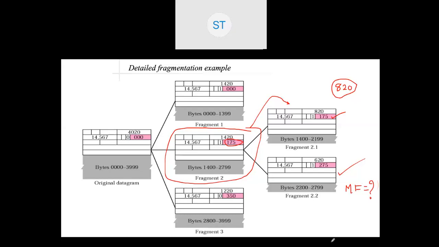Anybody? Ishika? Or maybe one. MF: this datagram is further fragmented here. So this is the first fragment, this is the last fragment. So what should be the MF for this?